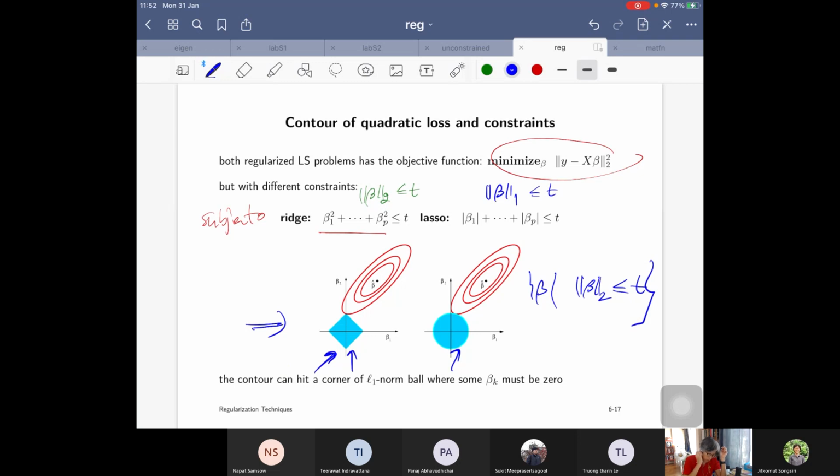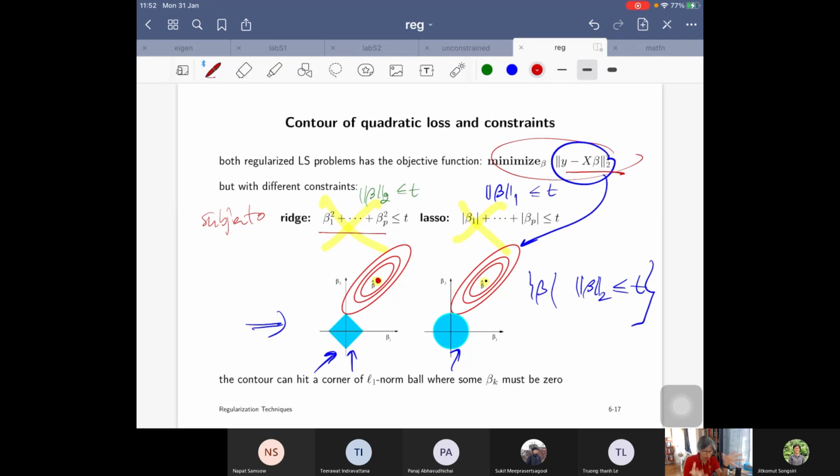The red one is the contour of the quadratic loss. Because it's quadratic in beta, the contour looks like an ellipsoid. Without the constraint, your least squares solution is here, the point corresponding to the minimum value of the quadratic loss function.